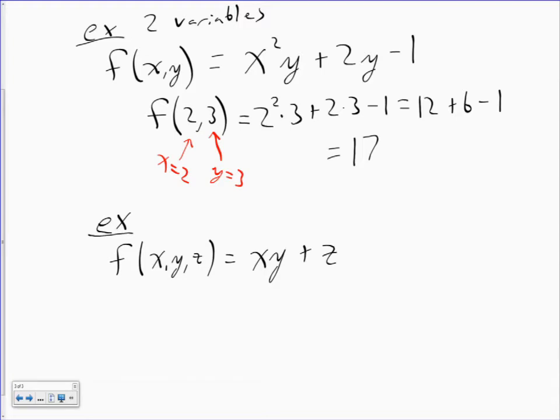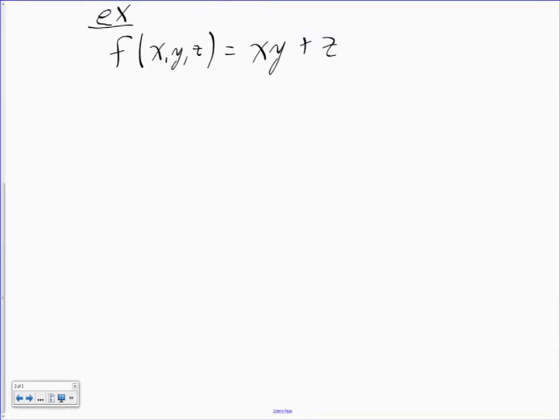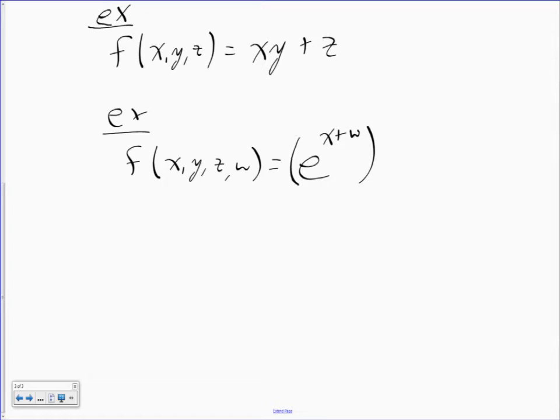So maybe f of xyz is xy plus z. Or maybe we need even another variable, and so we have a function of x and y and z and w. Maybe it's e to the x plus w times y, z, say. So there's a function of 4 variables, x and y and z and w.